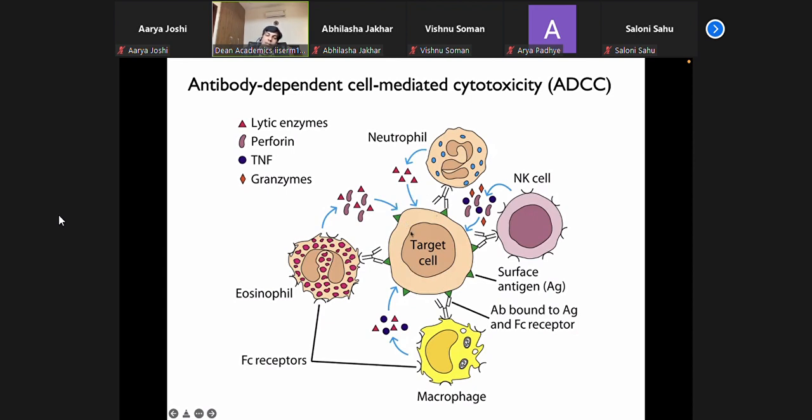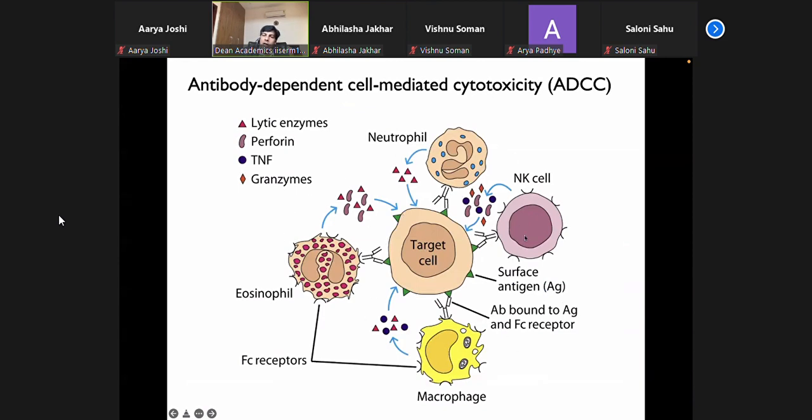Also, if this is a normal cell and this is transformed, because of transformation some neoantigens are generated, particularly during cancers, and those neoantigens can bind to these antibodies on one side, right? And these antibodies, because they have this Fc portion, can bind to the Fc receptor, right? And in so doing, they can activate your NK cells or other innate immune cells.